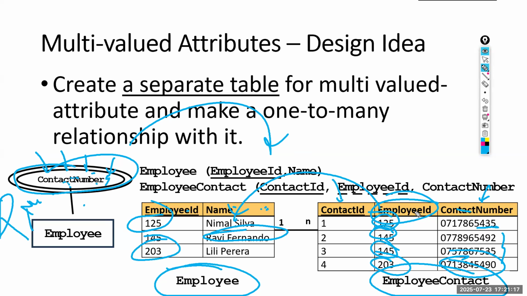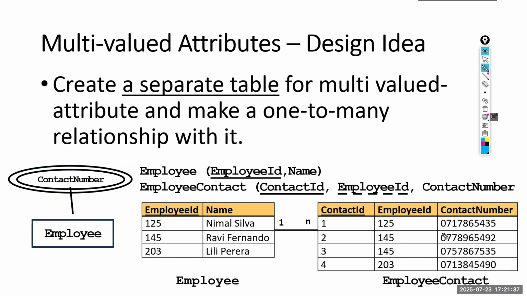That is called integrity, relatedness. Your data must be related. Your data must not be isolated, so that it makes sense. And also you can see that now you can have multiple contact numbers, because you can have the same employee number many times for different contact numbers. Employee ID is not your primary key, because a primary key you can't duplicate. Your primary key is this. Maybe this is a surrogate key, a machine-generated number 1, 2, 3.